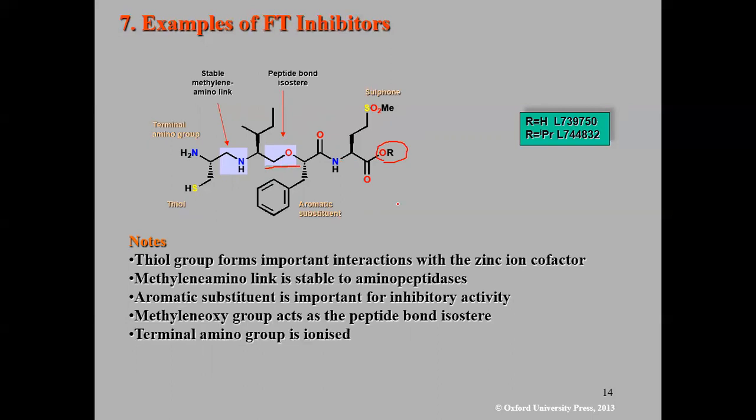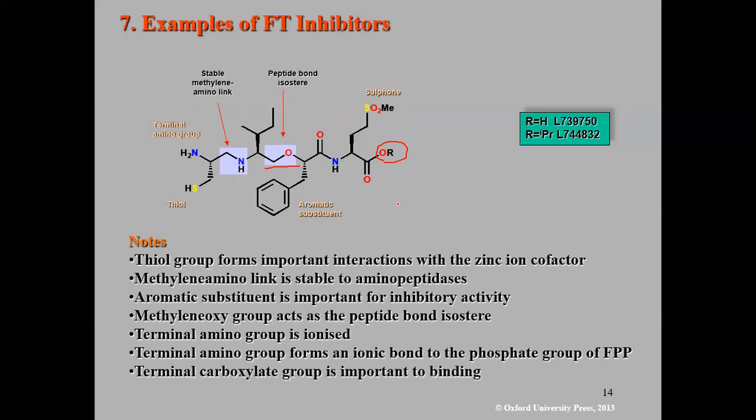The terminal amino group is ionized, and it will form a bond with the phosphate group of the farnesyl diphosphate. And the terminal carboxylate group is important, so we just mask it with an ester. The sulfone here increases the activity, and they noticed that by testing these compounds against the enzyme.